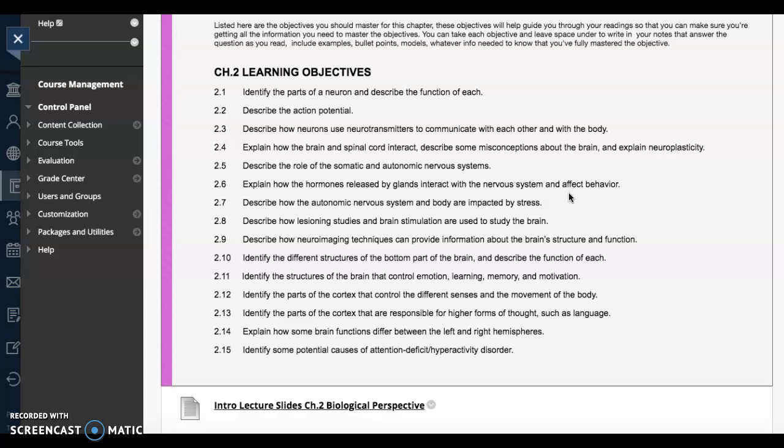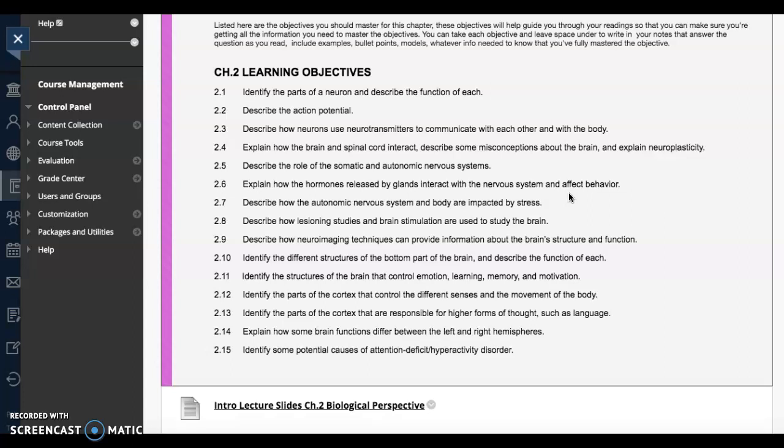Then we'll look at the brain and how you have different lobes of the brain, how the brain cortex, the wrinkly outside that we all see when we see the brain, functions, and how we have specific regions on that cortex that are primary for different types of functions.